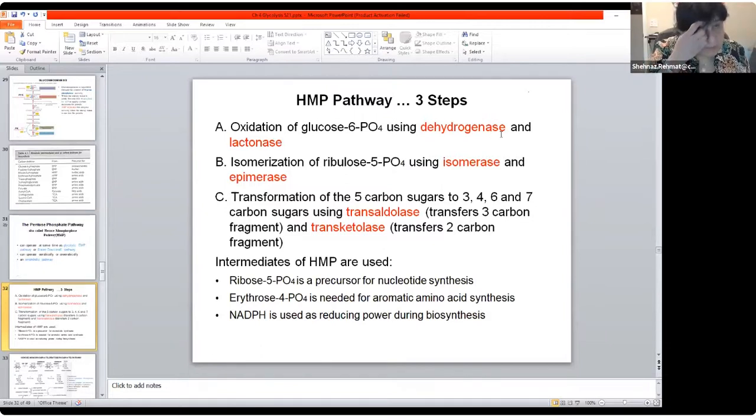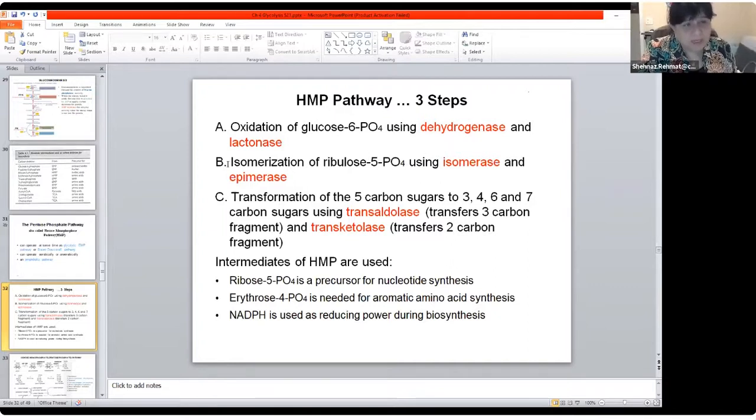Remember, whenever you are taking away electrons, oxidation is occurring and you need the enzyme dehydrogenase. And a special enzyme called lactonase is also used. So just remember, dehydrogenase and lactonase are 2 enzymes that participate in the first step of HMP.